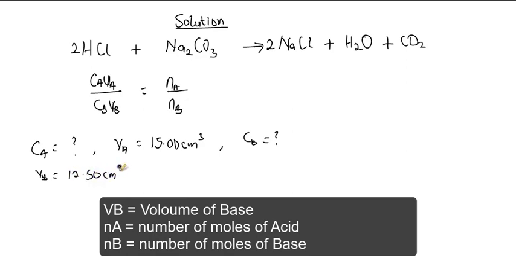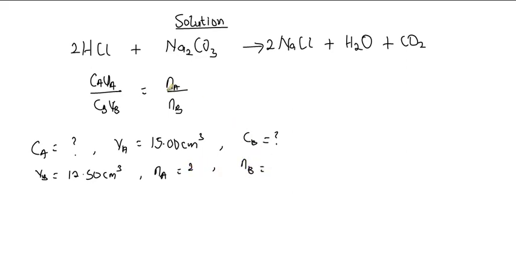Na, so our Na is gotten from the equation, which is the coefficient of the acid present, and the coefficient here is 2. So Na is 2, and Nb, coefficient of the base as well. So the coefficient here is 1. We have 1.